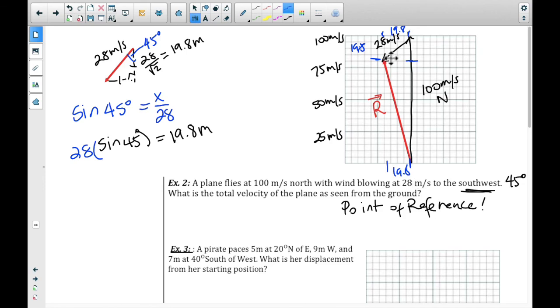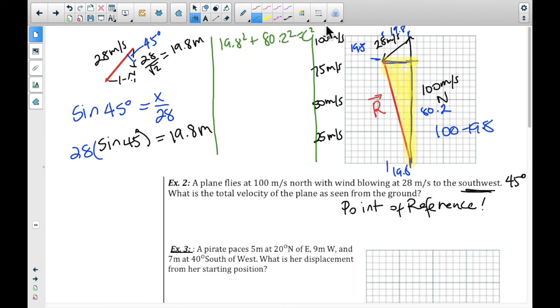And then from here to here, well, what's 100 minus 19.8? 80.2. Do you see how I'm looking at this resultant now? I'm going to change my color. So now I'm looking at this resultant triangle. If I'm going to do Pythagorean theorem, then I have a 19.8 here and an 80.2 here, and then I'm going to find my resultant from there.